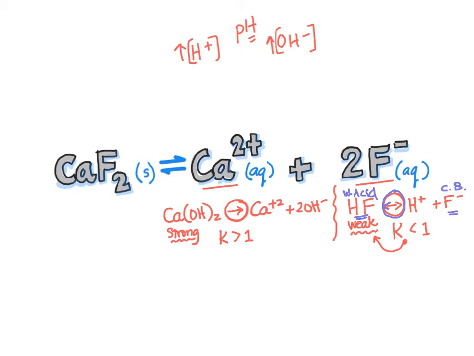It is actually a weak base, but it's not the worst base of them all, meaning that it does a fair job at gaining a proton, moving to the left, and becoming protonated again, which means that it would reattach the hydrogen ion into the fluoride and become the covalently bonded hydrofluoric acid in the water, as opposed to the ionized version of hydrofluoric acid, which would be the hydrogen and the fluoride ions separate.